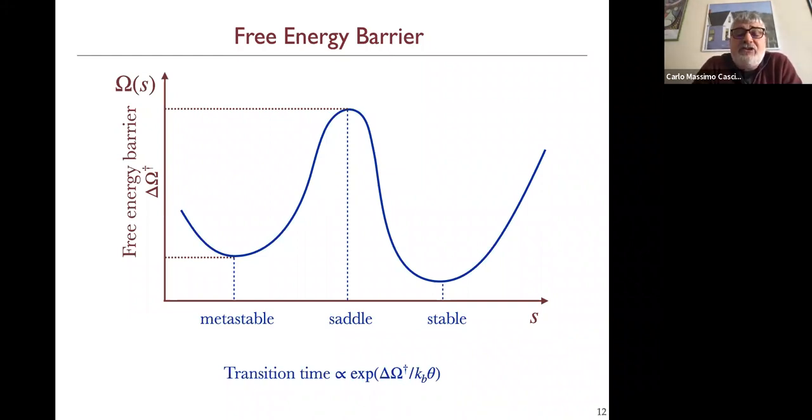So once you have this free energy profile, you can evaluate the barrier, that is the amount of free energy that you need to pass from the metastable liquid through the top of the barrier to fall down into the stable vapor. Then applying what is called Kramers' theory, from that you can evaluate the frequency with which the system initialized in the metastable state goes over the barrier.